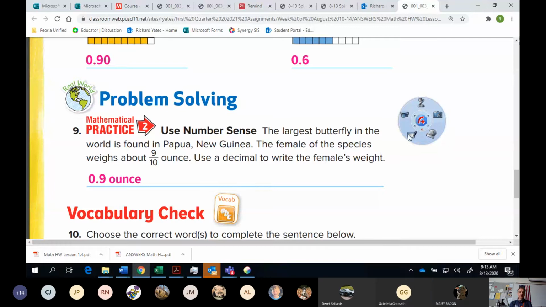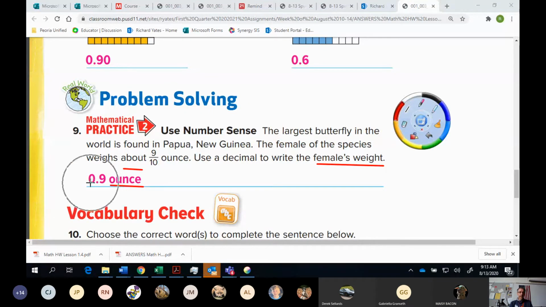The required word in the answer sentence would definitely have to be ounce. I want you to make sure you have ounce in there. If you said the female's weight, that's perfect too. I also want to make sure that you have 0 in front of the decimal and a decimal and then 9/10. Jace P, what's your question?